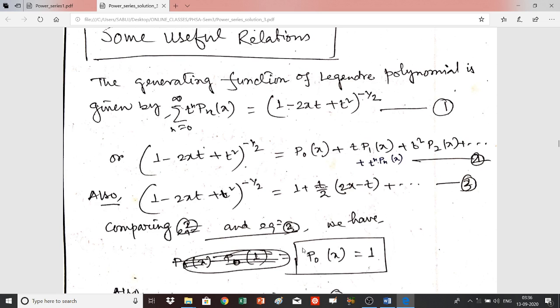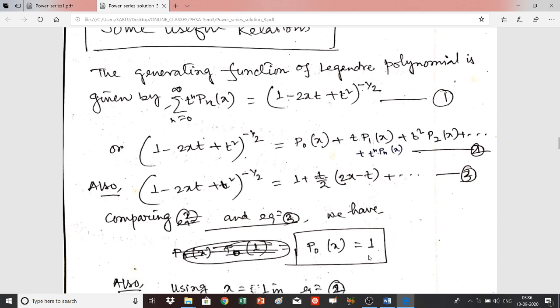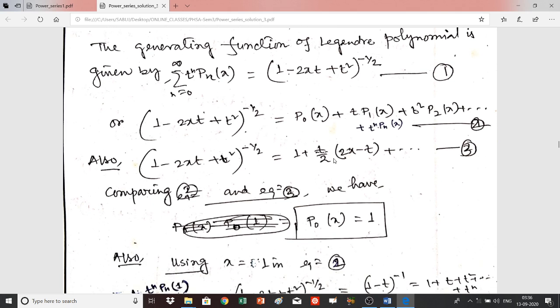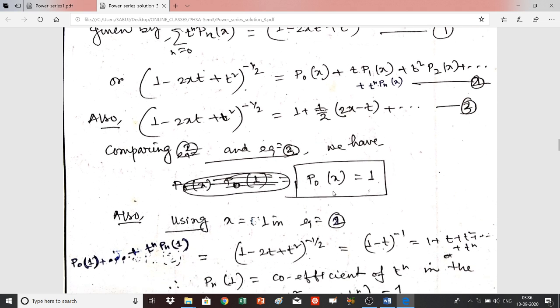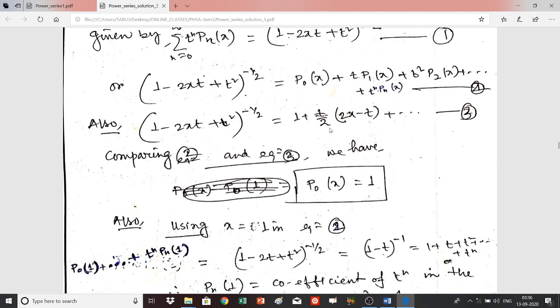So you can write very straightforwardly from this comparison that P0(x) is equal to 1. Then from the next term, just compare the coefficient of t. You will have P1(x) equal to half into (2x minus t).